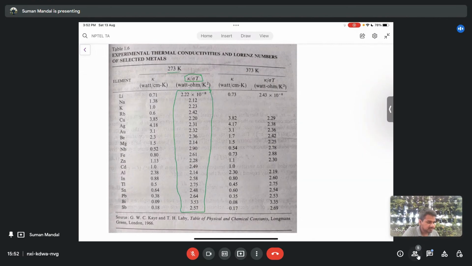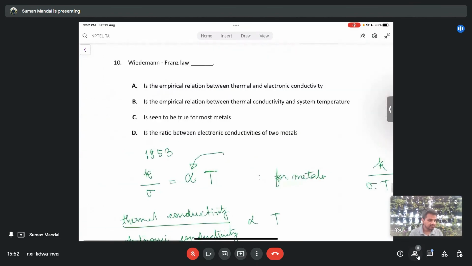This is at 273, this is at 373. So this is an empirical law. They saw that okay, it all fits. The proportionality alpha is the same for all metals at a particular temperature, and then they did this experiment at different temperatures, and they see that it varies linearly with temperature. So this is the Wiedemann-Franz law, and what they found out.